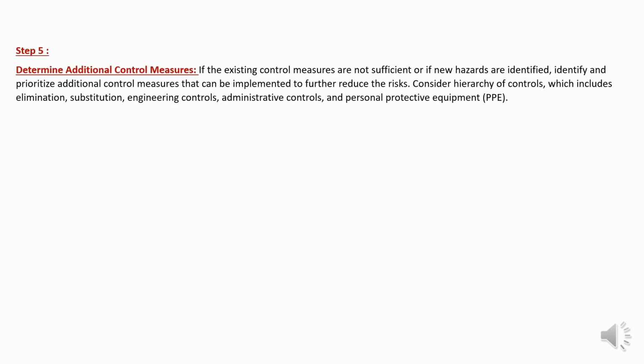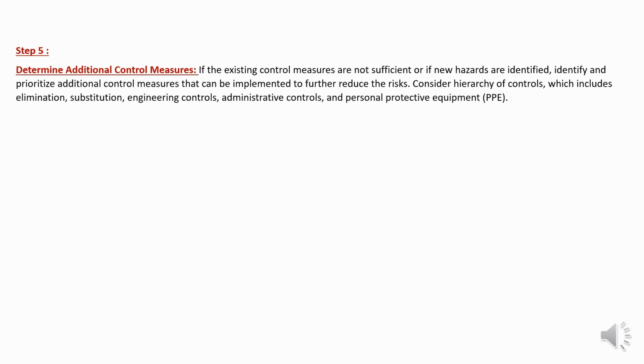Step 5 is determine additional controls. If the existing control measures are not sufficient, or if new hazards are identified, prioritize additional control measures that can be implemented to further reduce the risk.